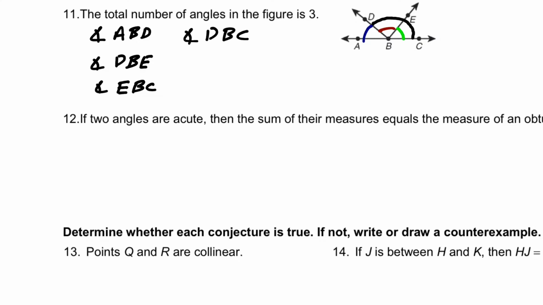Well, right there, this list of angles is my counterexample. My statement in number 11 says that the total number of angles in this figure is 3. Well, right here, I've just listed 4 angles in that figure. And that right there proves that that conjecture in number 11 is false.